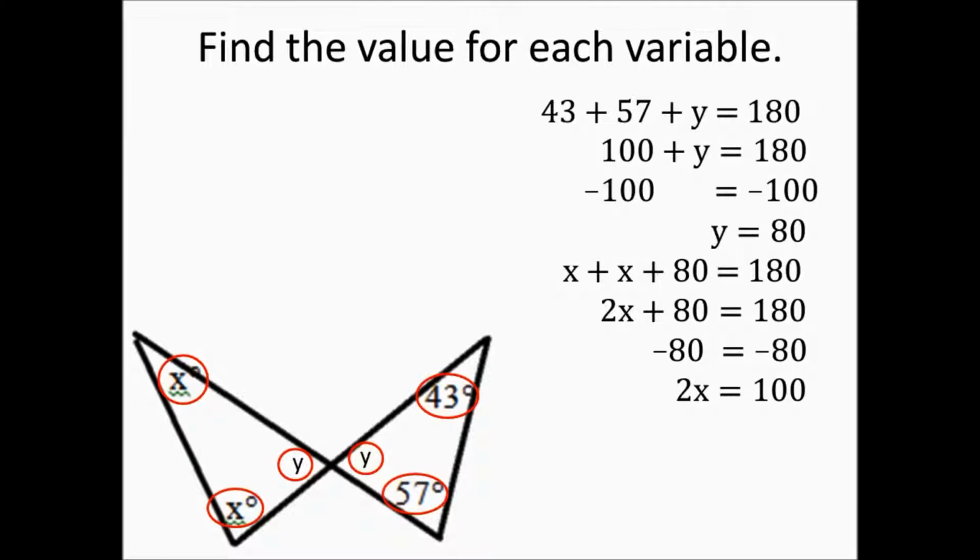So 2x divided by 2 is equal to 100 divided by 2. 2x divided by 2 is equal to x, and 100 divided by 2 equals 50. So x equals 50. So the final values of each variable is that y equals 80 and x equals 50.